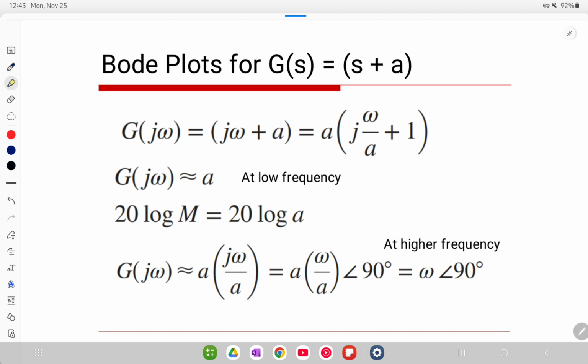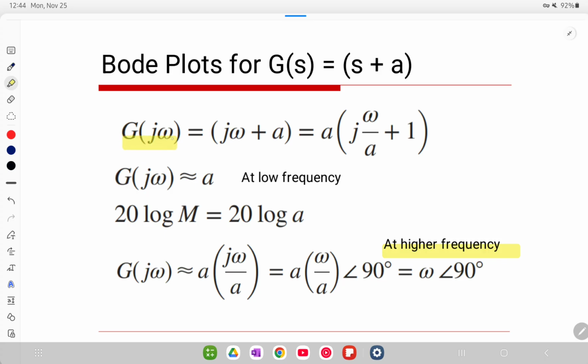And what happens when it is at higher frequency: you need to look at what happens to the magnitude and what happens to the phase.